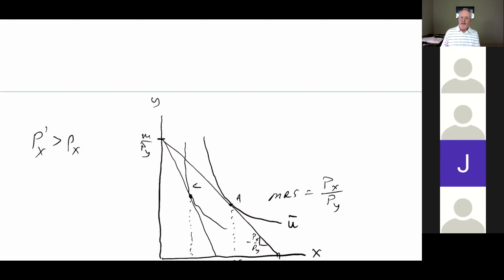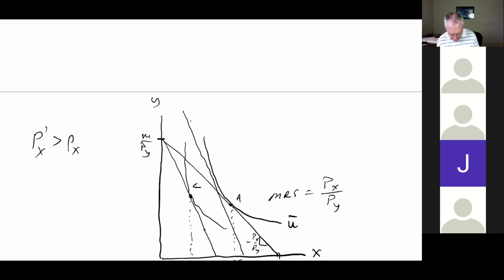So what I'm going to say here now to find the substitution effect is pretty straightforward. I'm going to say, okay, let's move to the new prices and find a point on the original indifference curve where the marginal rate of substitution is equal to the new prices. So in other words, I'm going to look for a point. I'm going to need the slope of my new budget constraint line here, which is about like that. It's parallel to this one.